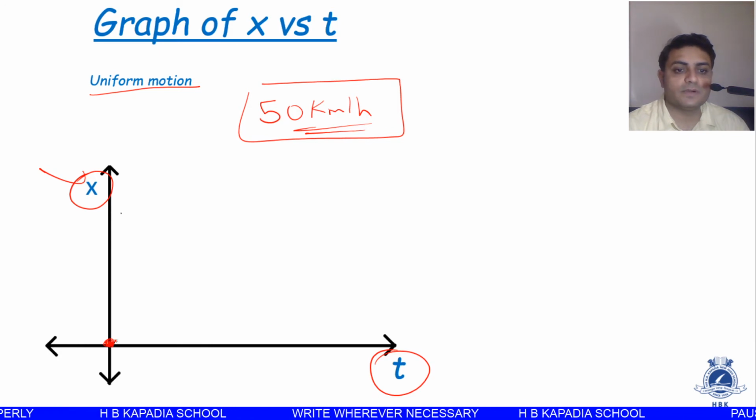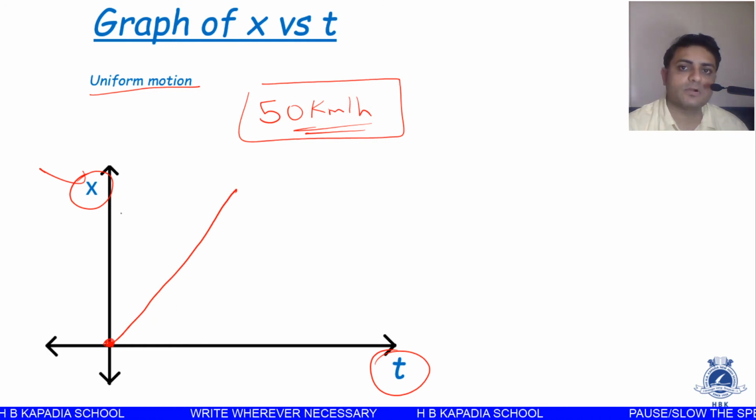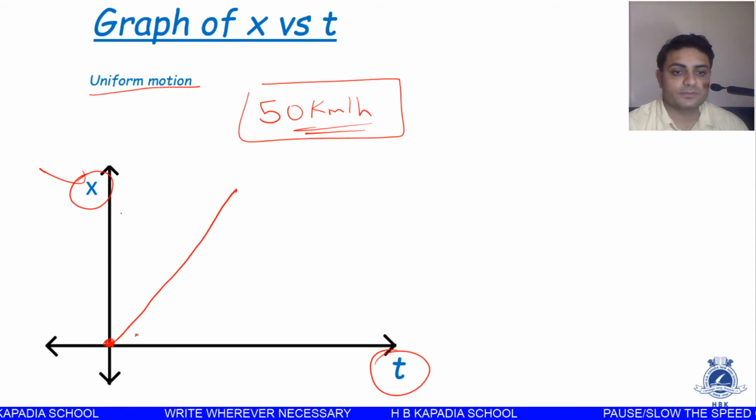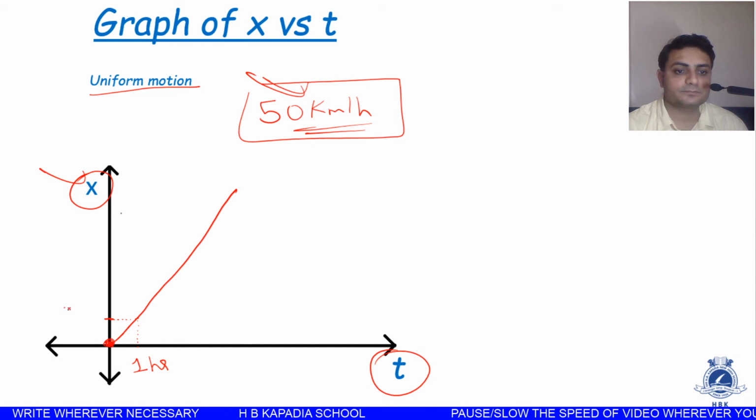Now as you move ahead, your position will change. It will move away from the origin, and of course the time will always increase. So if after 1 hour the velocity is 50 km per hour, then your distance covered will be 50 km.